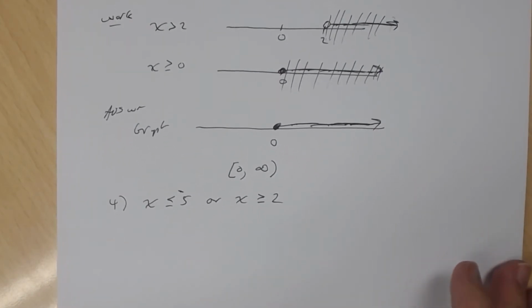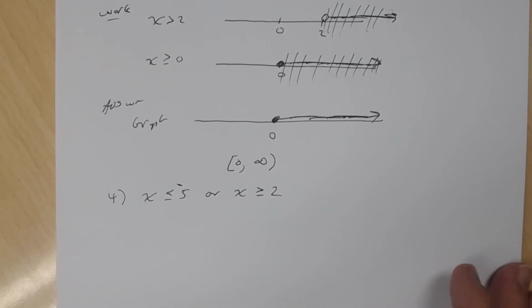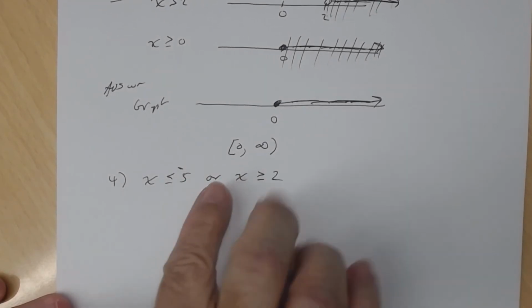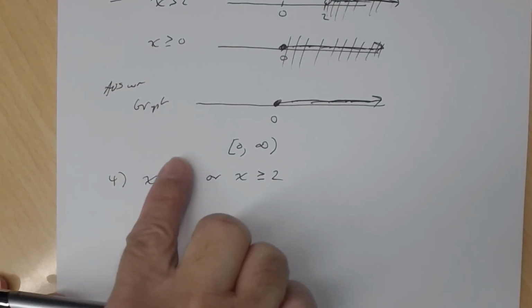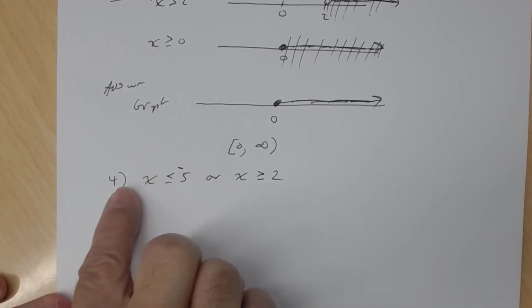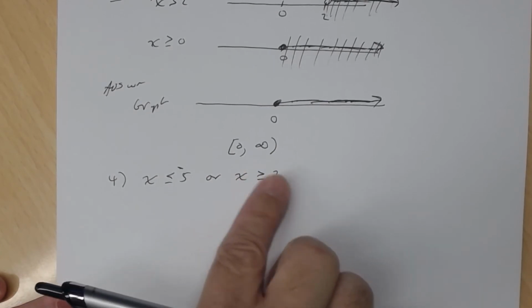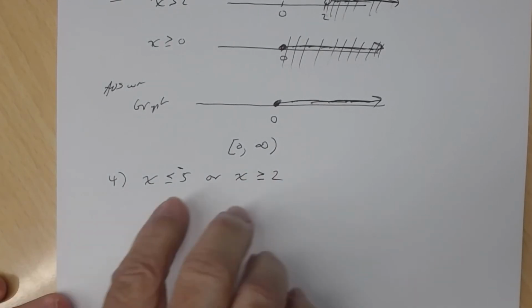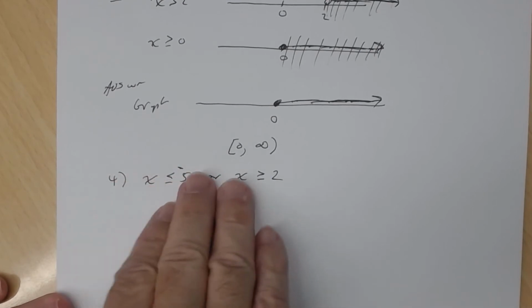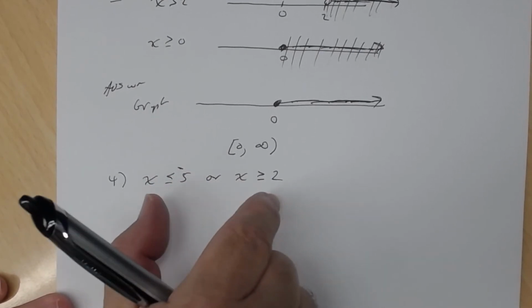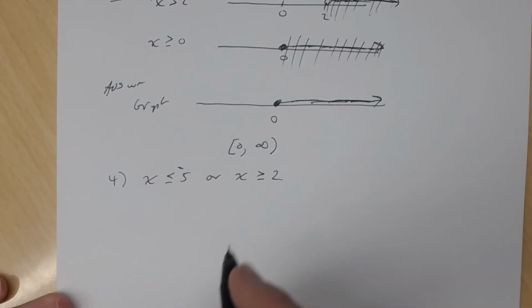So x is less than or equal to negative 5, or x is greater than or equal to 2. All right, so remember, this is an OR statement, so any solution here is a solution to this compound inequality, or any solution here is a solution to this compound inequality. So your solution to this compound inequality will be the union of those two sets.